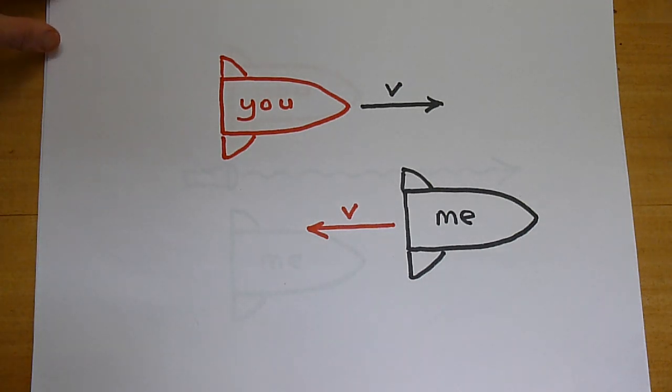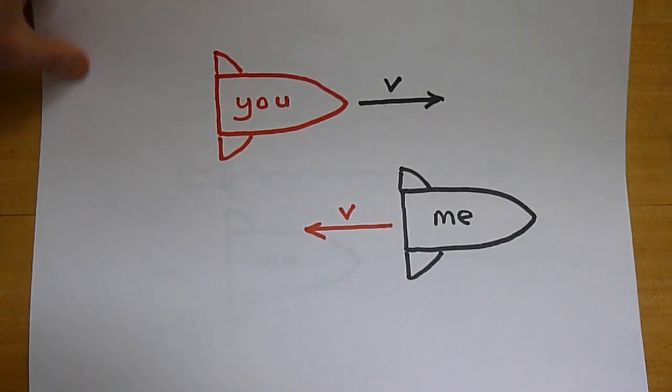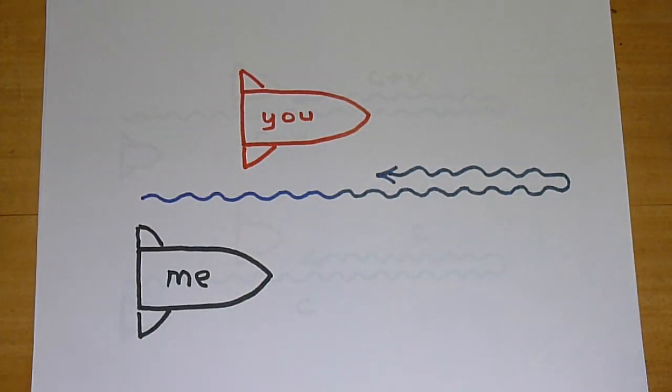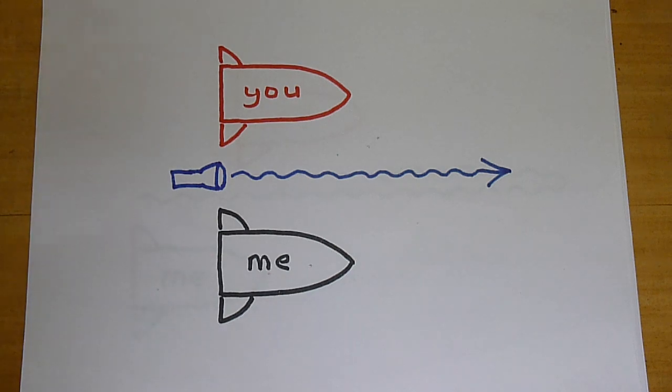Okay, now as we come alongside each other, a torch flashes very briefly and sends a pulse of light along the direction of our relative motion.